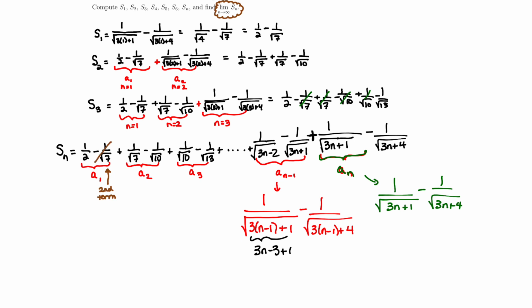And that guy is going to cancel with plus 1 over the square root of 7. But what I want you to notice is how it cancels. It's the second term in a sub 1, and that cancels with the first term in the next one. Minus 1 over the square root of 10 will cancel with the next one. Do you see that?